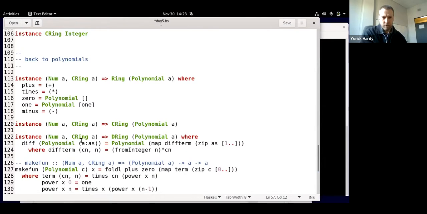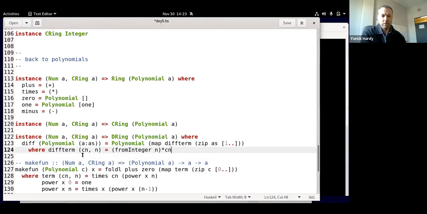If I take a polynomial with a list, the first coefficient a and the rest of the coefficients as, then I can create the derivative terms by, again, zipping. Notice here we're starting with the as, so we just drop the first a, we differentiate, and then I'm going to associate with it the powers. So I'm zipping the as. The first power is 1, the second is 2, and so on.